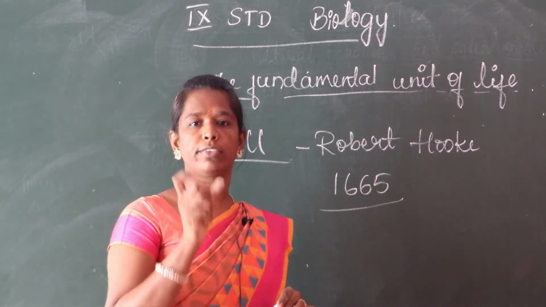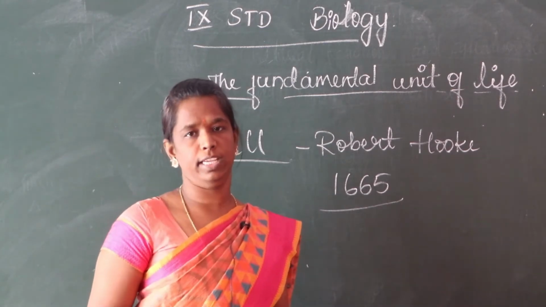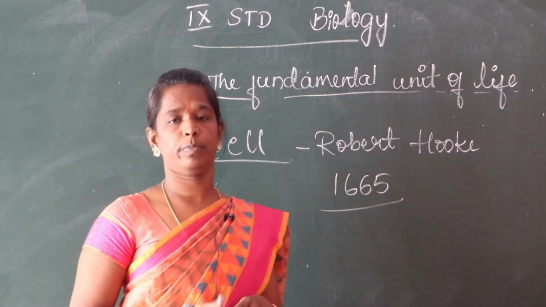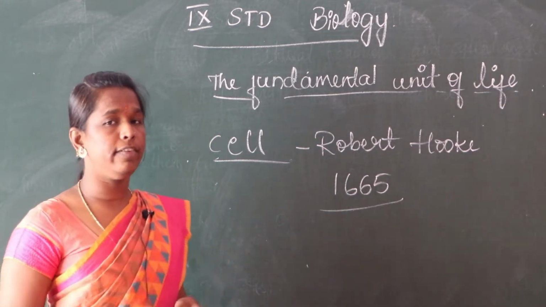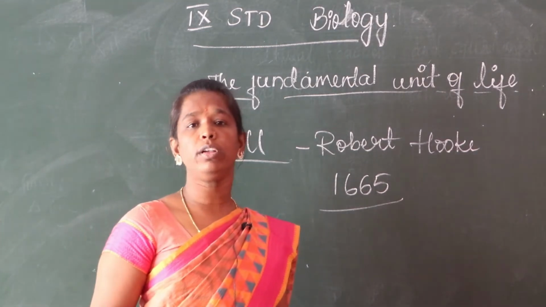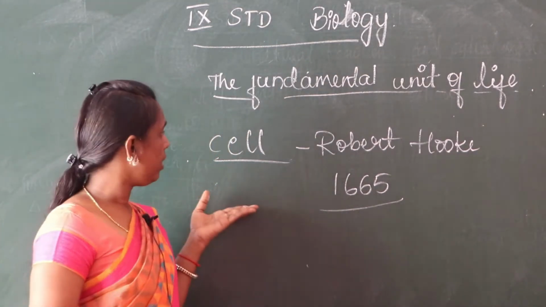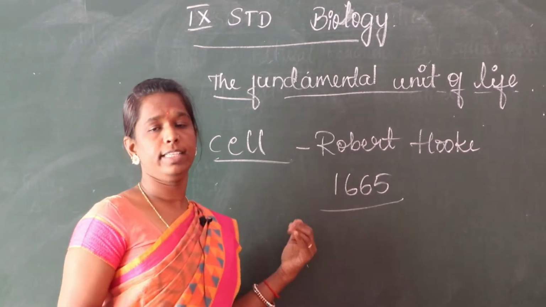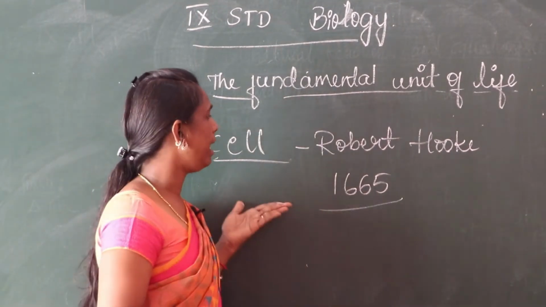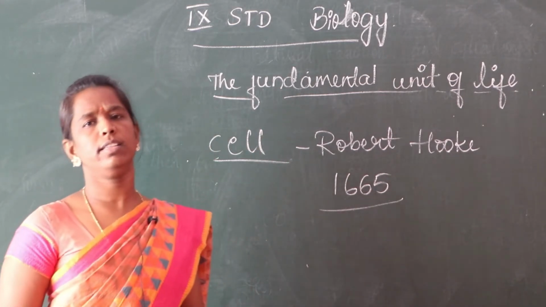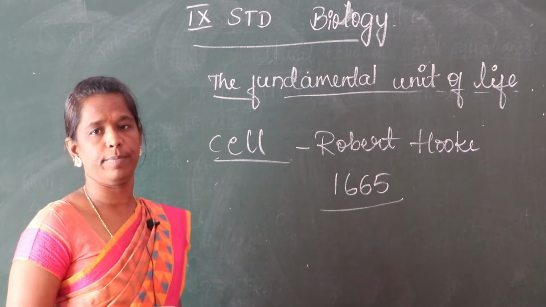First, he took a cork from the bark of a tree and looked at it under a microscope. A microscope is a device used to see minute organisms. He observed the structure of the cell.